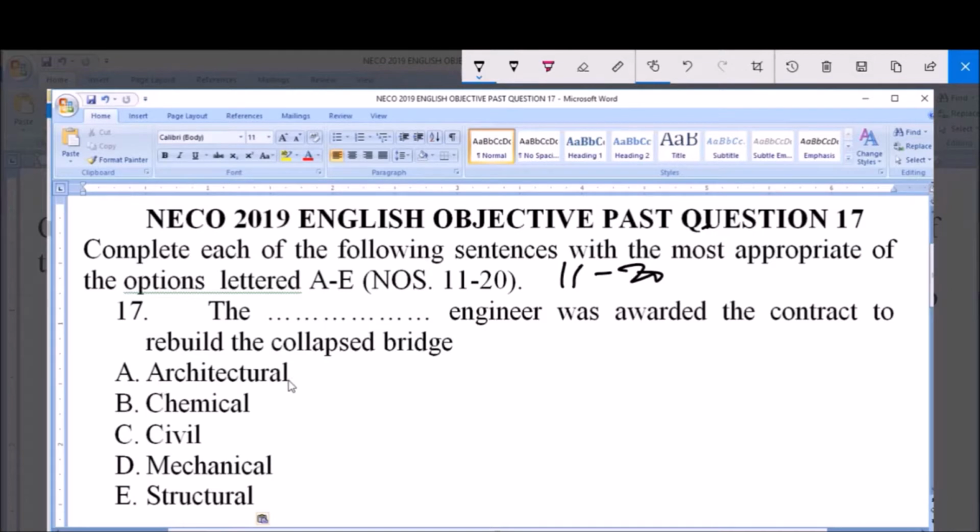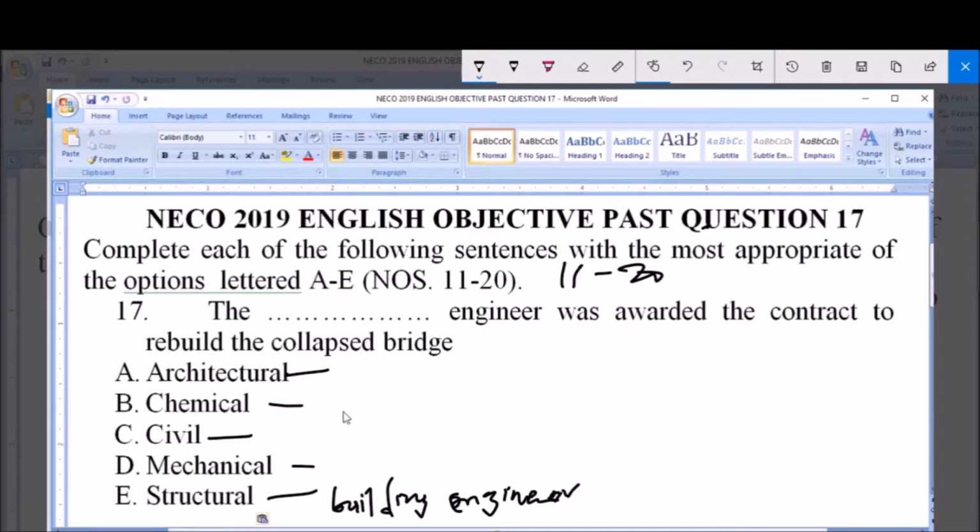Option A says architectural, B says chemical, C says civil, D says mechanical, E says structural. And when we talk of engineering, structural has to do with building, that is structural building engineer.